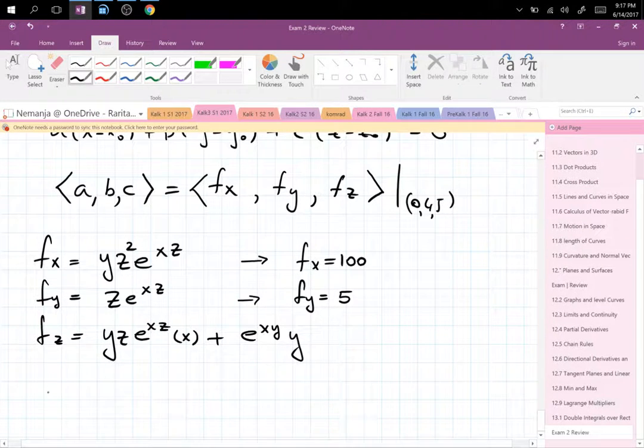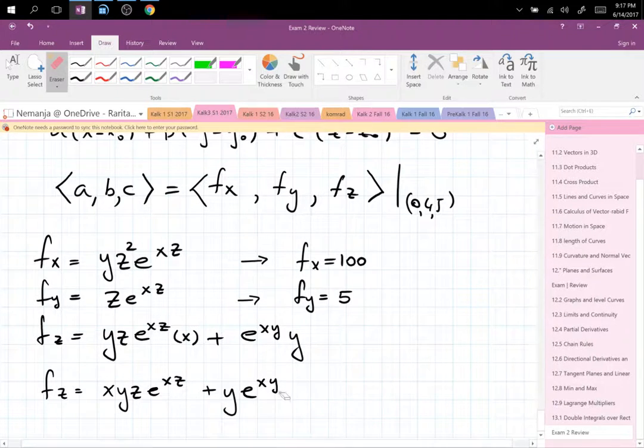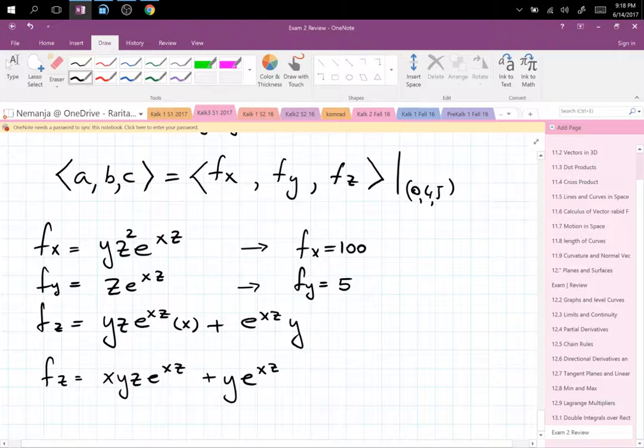To simplify, fz is equal to xyz e to the xz plus y e to the xz. This should say xz, not xy. Now when you plug in x equals 0, the first term dies, and the second term lives, with a number 4.